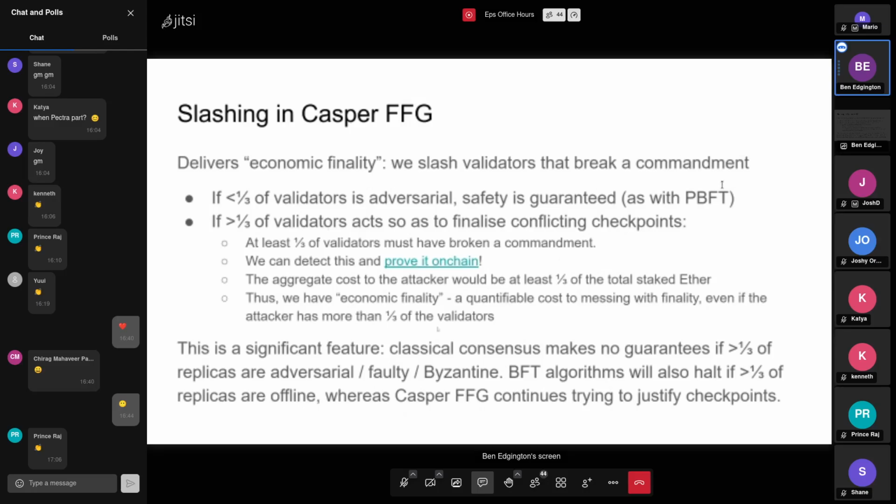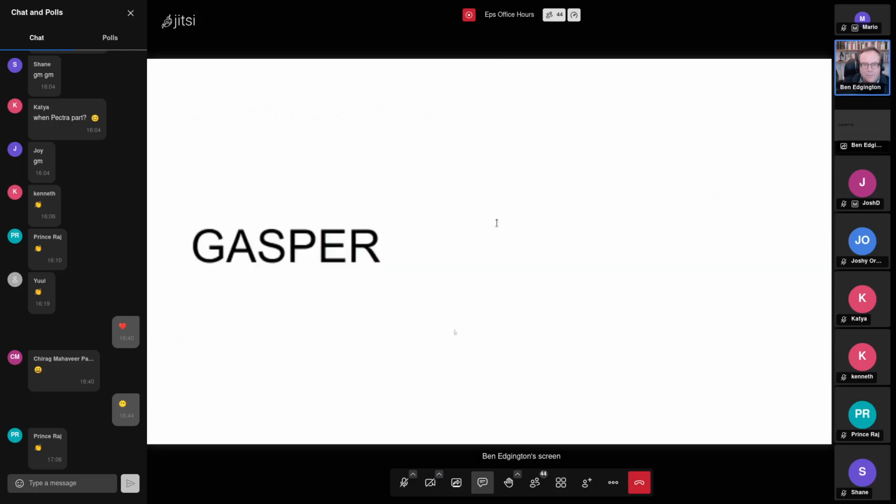And this is an amazing breakthrough. Under classical consensus mechanisms, if more than 1/3 of the replicas or validators are adversarial, all bets are off. I mean, generally they halt or go haywire. So being able to put a cost on attacking the chain is very powerful.